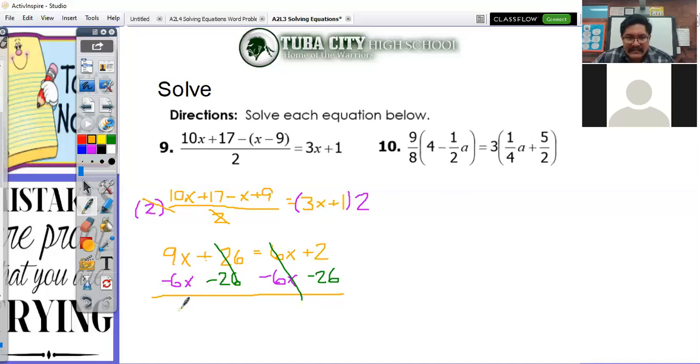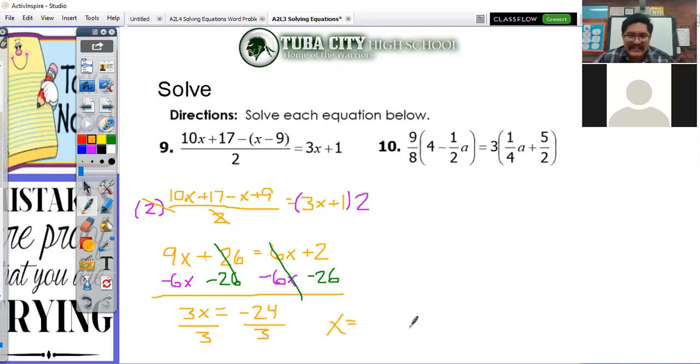9 minus 6 is 3. Okay. Yeah, this one's not that hard. I don't think this lesson is really one of those ones that you should really be worried about. So, you know, even if you miss it, it's just these little tricks you got to worry about.